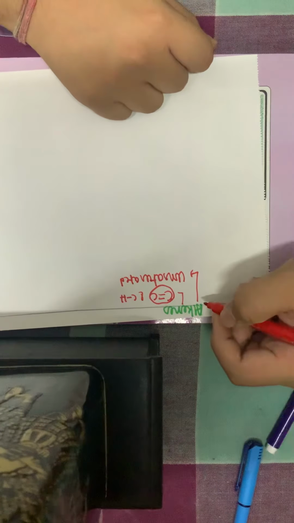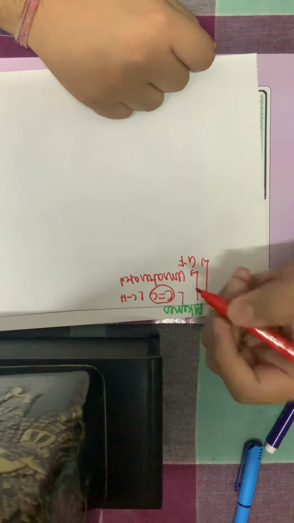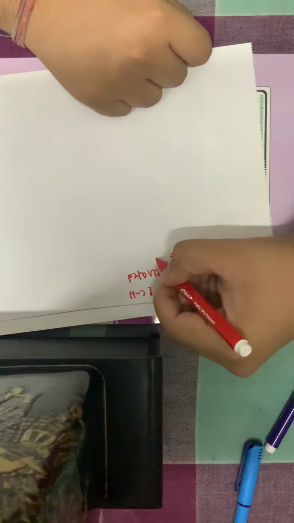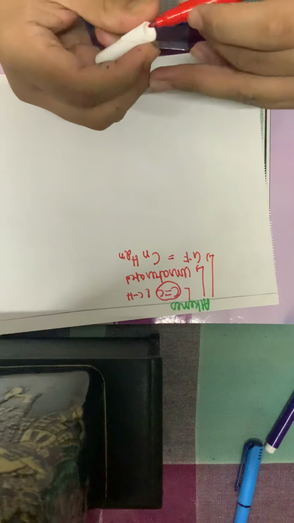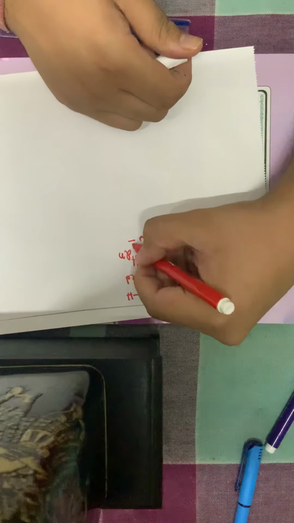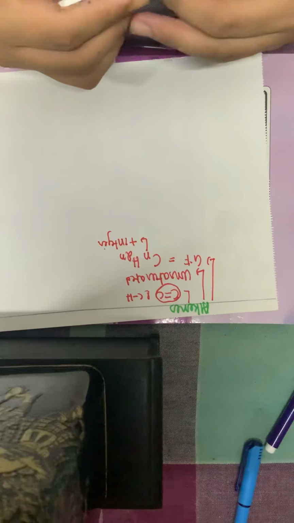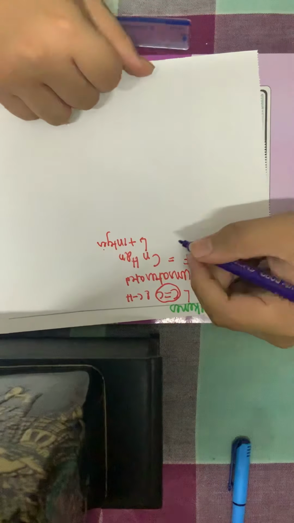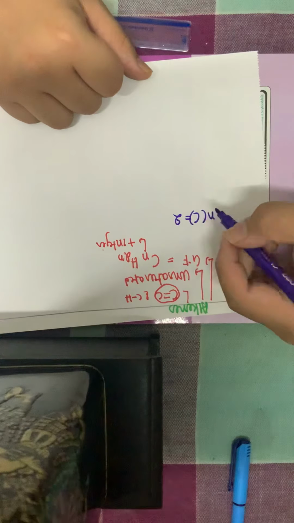Now, after understanding the unsaturated, we again move to the general formula as we did for alkanes. The general formula for alkenes is CnH2n, where n is a positive integer. Taking an example, suppose I have a compound with carbon equal to 2, so the number of carbons is 2.